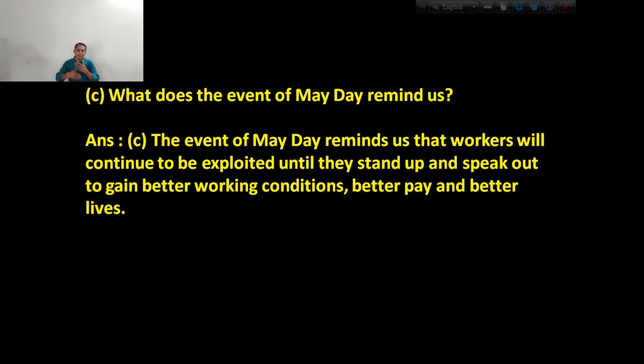Workers will continue to be deprived until they stand up unitedly to speak out to gain better working conditions, better pay and better lives. If they do not stand up, the workers will not get their due respect, their due salary, their due dignity.